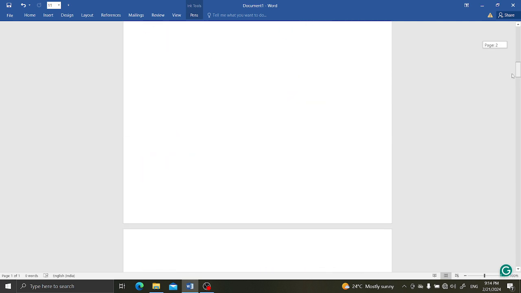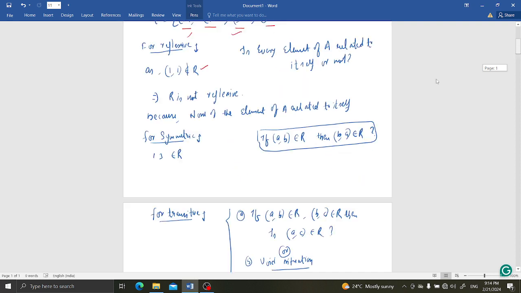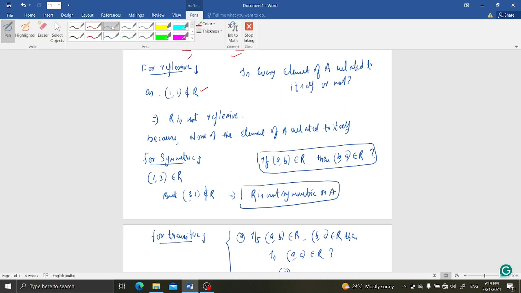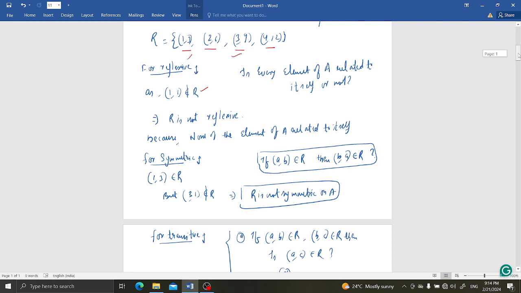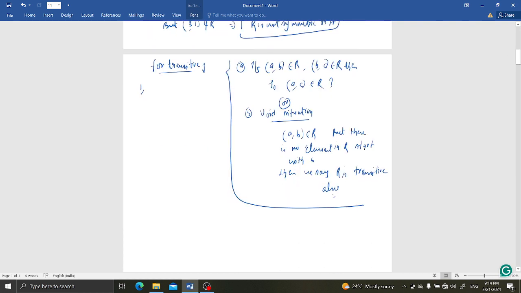Now see here, (1, 3) belongs to R and (3, 9) belongs to R, but (1, 9) does not belong to R. This implies R is not transitive on A.